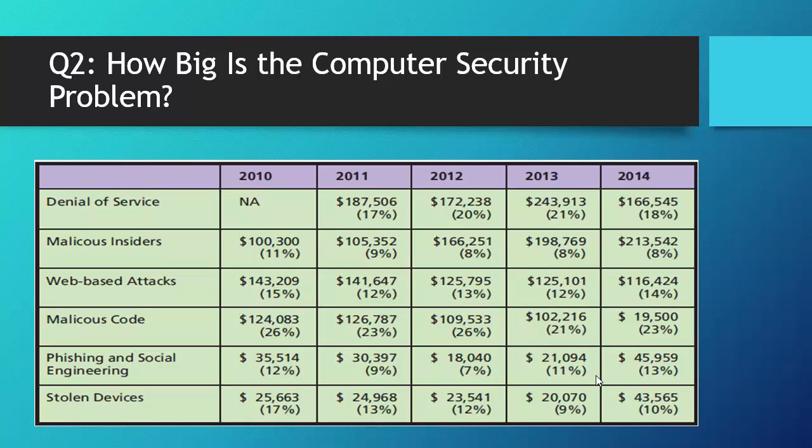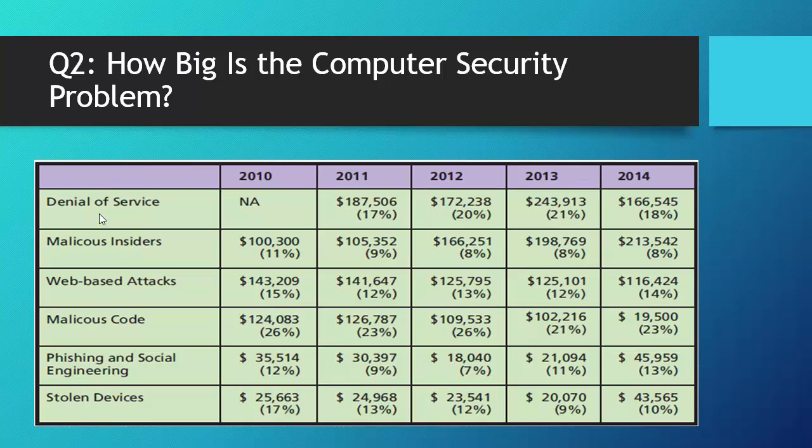We're going to start with the second question: how big is the computer security problem? Here we have a graphic from 2010 to 2014. It's more of a table than a graphic, but it lists the six costliest crimes, the cost per incident, and the percentage of incidents taking place with different companies.